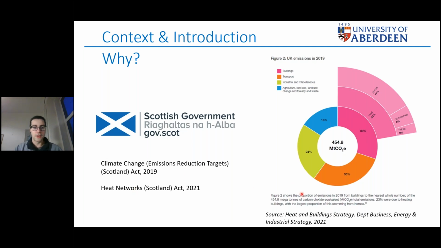So the figure on the right here is looking at the UK emissions in 2019, and it shows that 23% of all the carbon emissions from the UK in that year were down to heating. 17% in our homes, and a couple of other designations there. What I'm trying to show here is that heating is a very large chunk of that decarbonisation process.